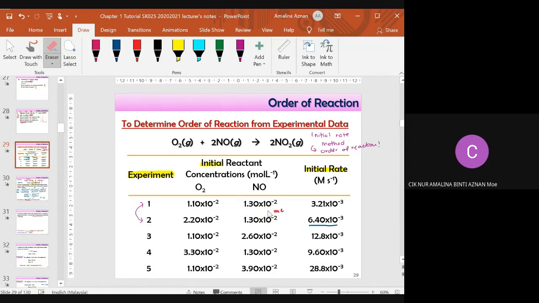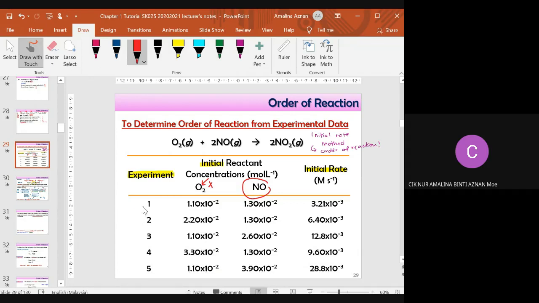Okay, so tengok semula kepada kamu punya set of data. So, kalau kita nak cari concentration of NO, so mestilah dekat sini value-nya berbeza. Yang mana yang kita tak nak cari, this one kan? So, ini yang kita kekalkan constant. So, tengoklah eksperimen 1, 2, 3, 4, 5. Which one yang boleh dipairkan. So, we can choose 1.1.